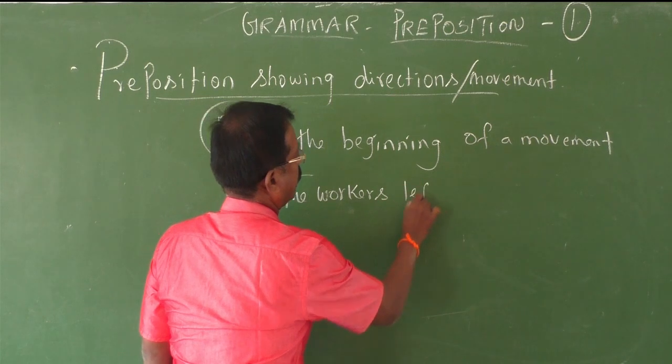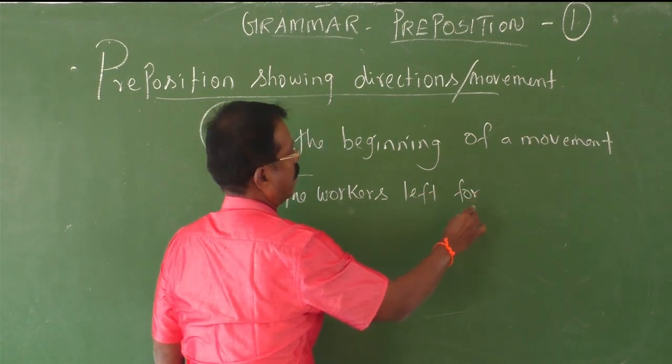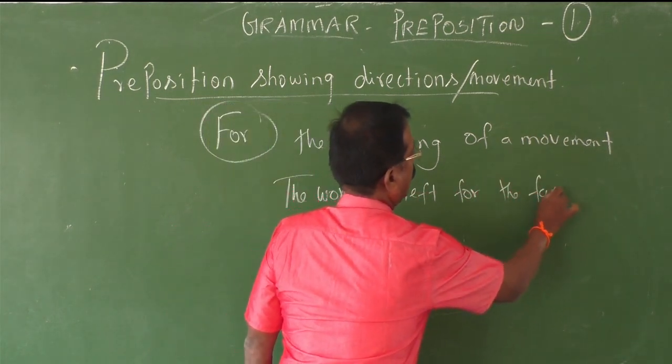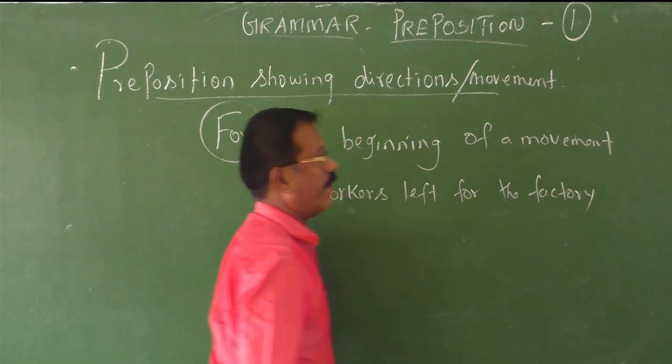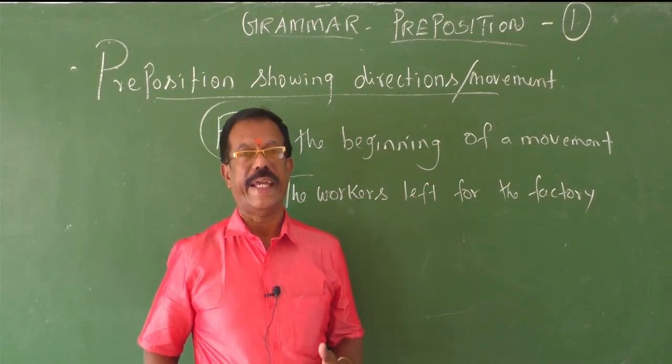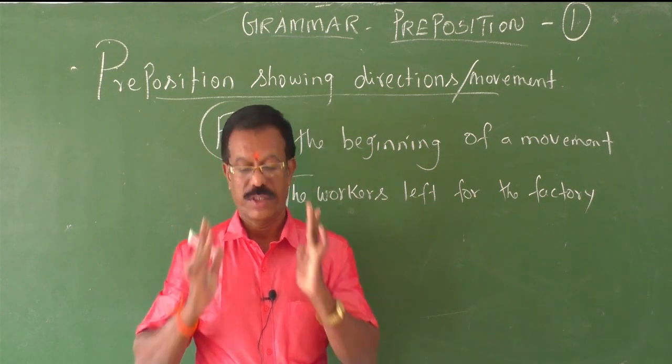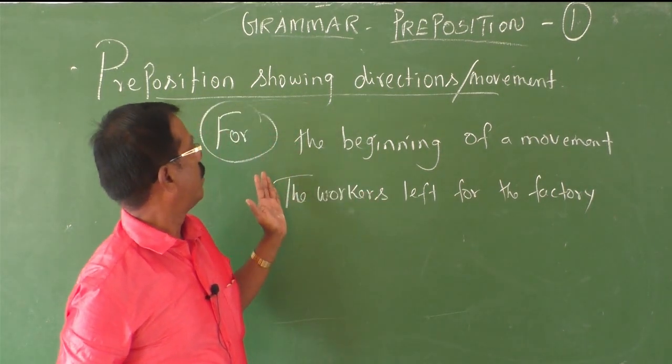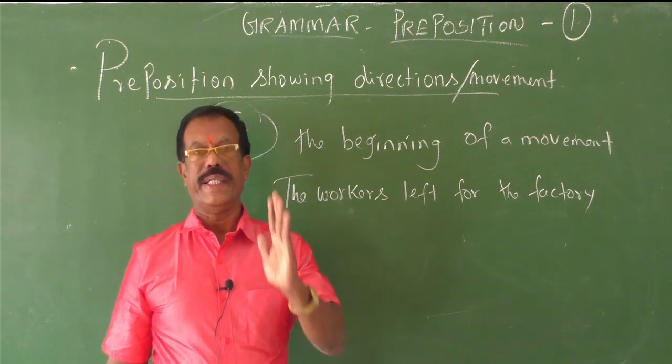I am leaving for Chennai tonight. So this for is used to refer to the beginning of a movement.